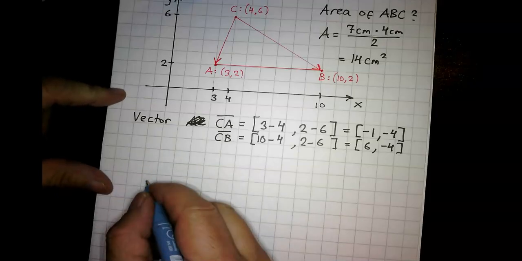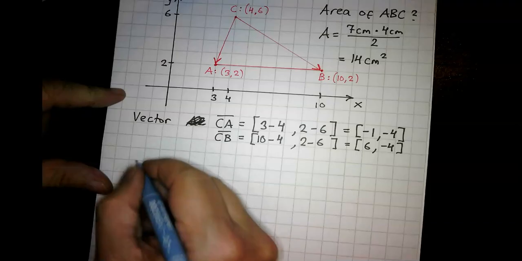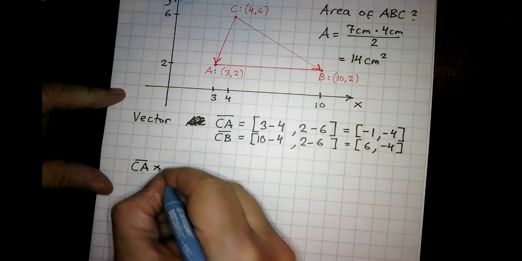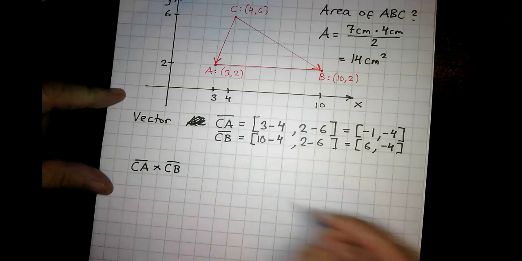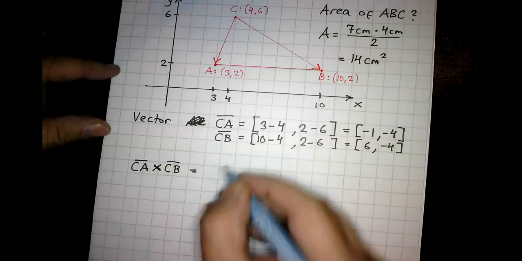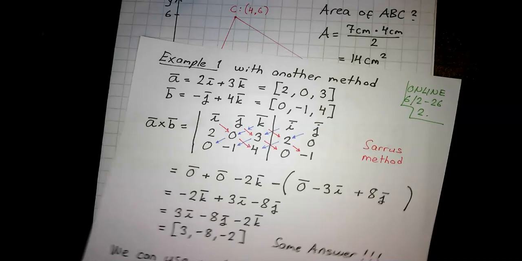And finally, we can find first the cross multiplication. We can calculate it by this method. We use CA cross CB, and I will choose this determinant method now.